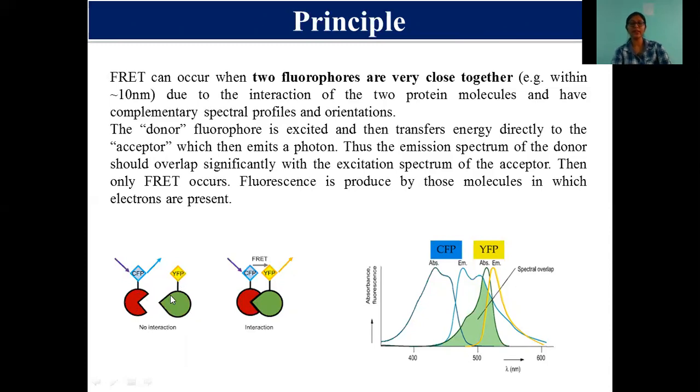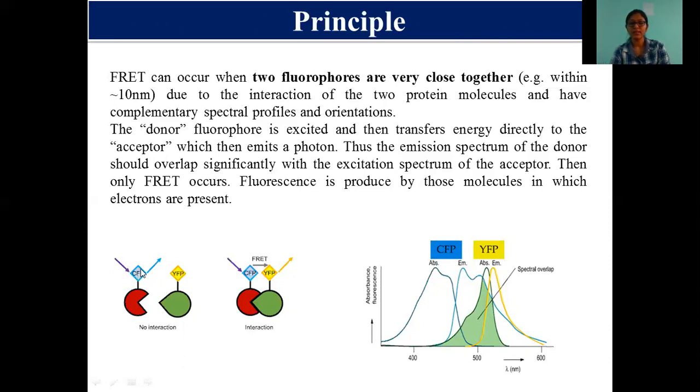So when these two proteins interact with each other, then only these two fluorescent molecules come close to each other. CFP absorbs radiation of a certain wavelength and emits it, and the absorption and emission takes place when this fluorescent molecule leaves its ground state to the excited state and when it comes back from the excited state to the ground state.